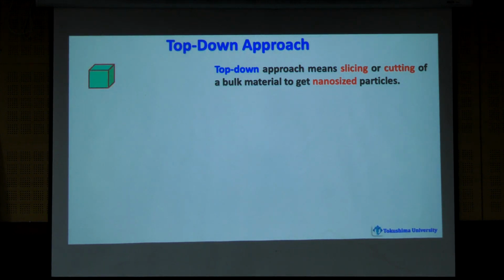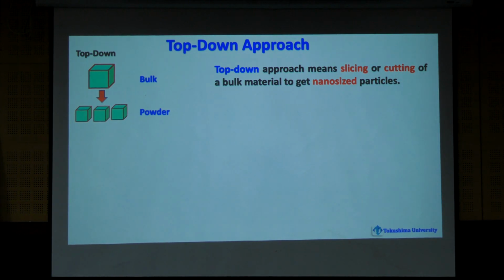So in the top down, usually we use the bulk material. Bulk material may sometimes be a few centimeters, sometimes a few millimeters. Bulk material is usually bigger, then we convert that big material into powder.